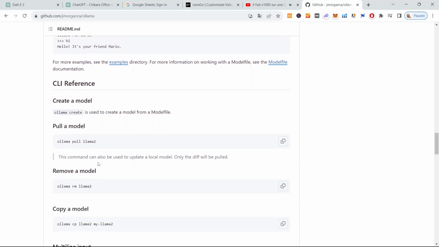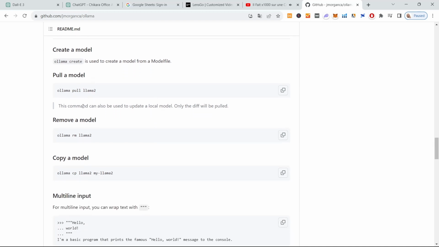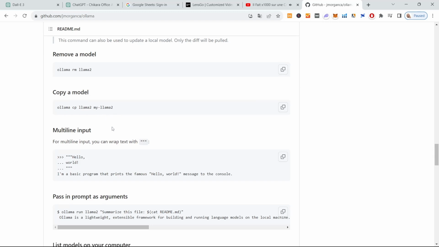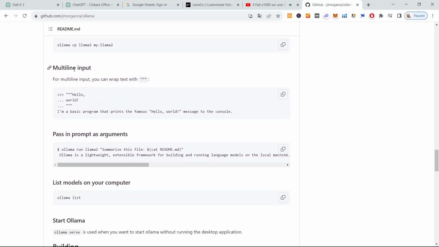I'm just going through the Git repository. Pull the model, so that's to download it. You can also remove the model and copy. Multi-line input to wrap the text and use.